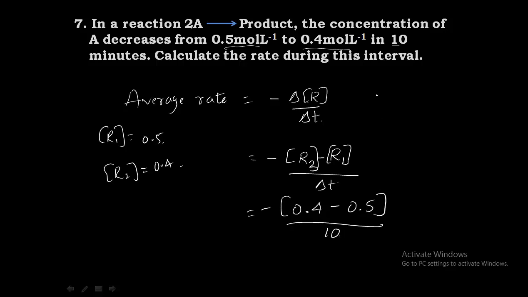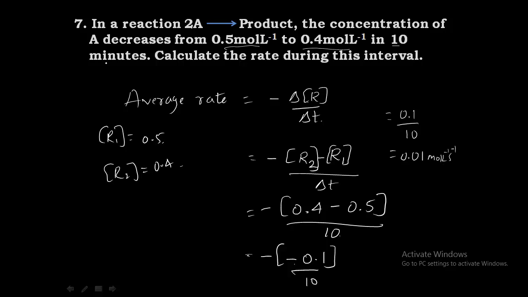So subtract this, how much will you get? Minus, 0.4 minus 0.5 is minus 0.1, divided by 10. Minus into minus is plus. So here 0.1 divided by 10 becomes 0.01. What is the unit? Mole per liter per second is the unit of the rate of a reaction.